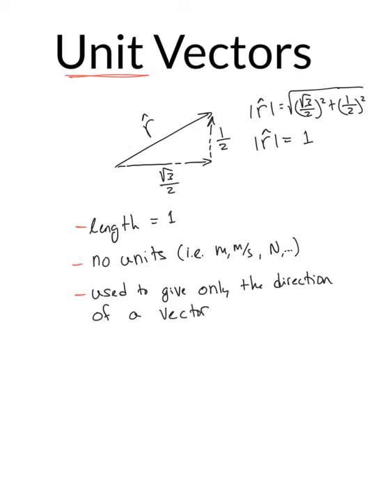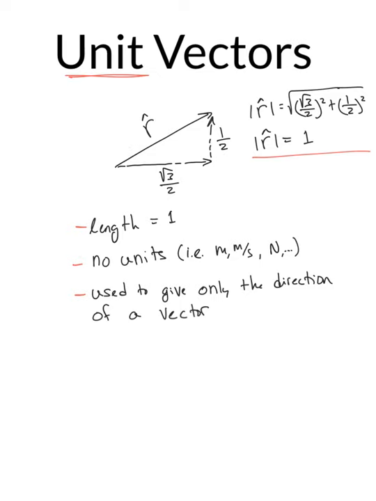So to see how unit vectors work, I've drawn a unit vector at the top here, r hat. And this r hat vector, I've broken up into some x component and some y component. And I have shown on the right here that the magnitude of the r hat vector that I have drawn here is 1. So this vector has a length of 1.